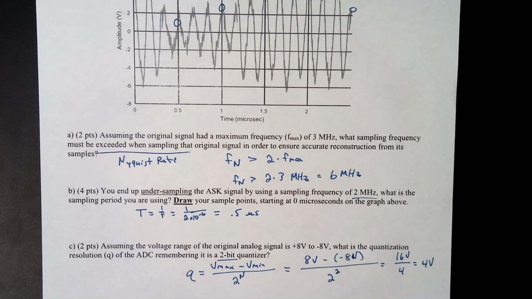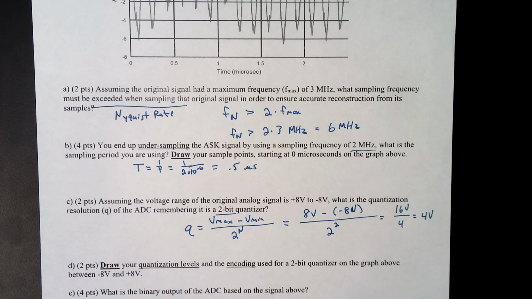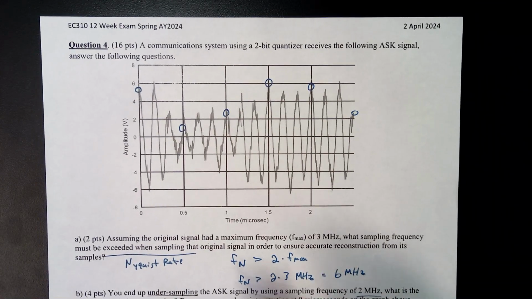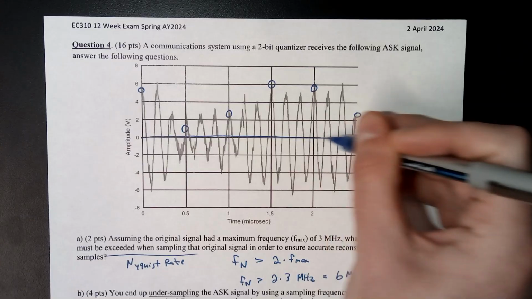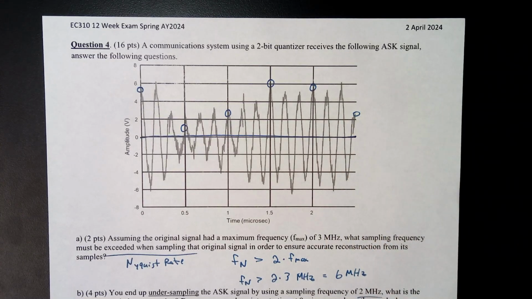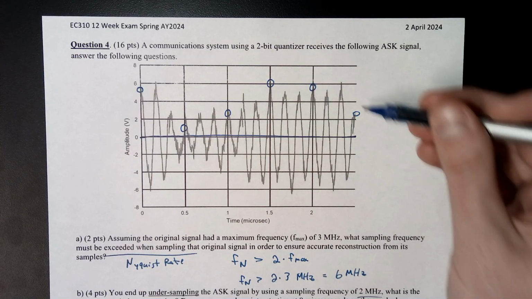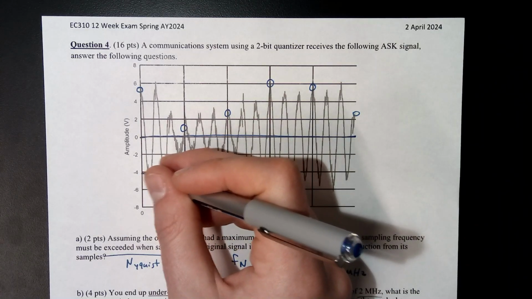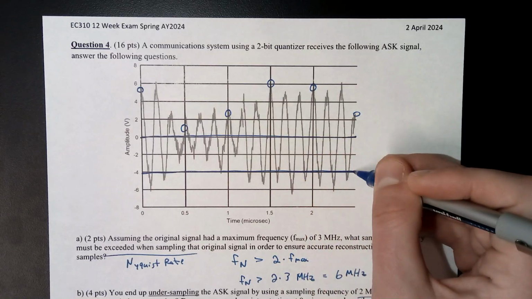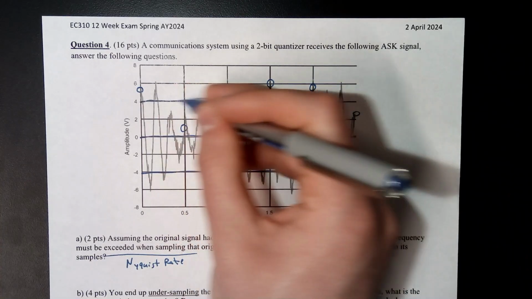Then D: draw your quantization levels and encoding used for the 2-bit quantizer in the graph above between negative 8 volts and 8 volts. Usually the best way to do this is, we've got negative 8 volts to 8 volts. A 1-bit quantizer is going to draw a line across at 0, so below that is a 0, above that's a 1. To make this into 2 bits, we're going to draw a line in between each of those quantiles, dividing them in half again.